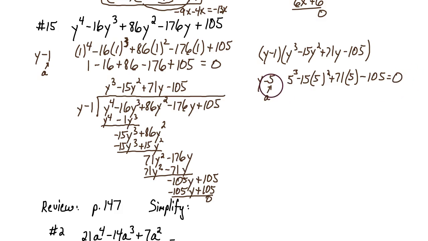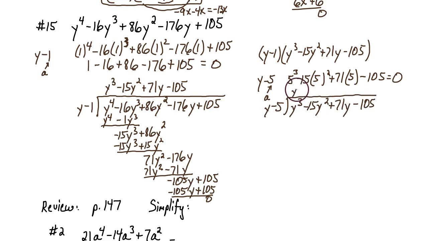So y minus 5 is a factor of our original polynomial. Now we can use long division to figure out what gets multiplied to the y minus 5. So y minus 5 divides into, with long division, y cubed minus 15y squared plus 71y minus 105.